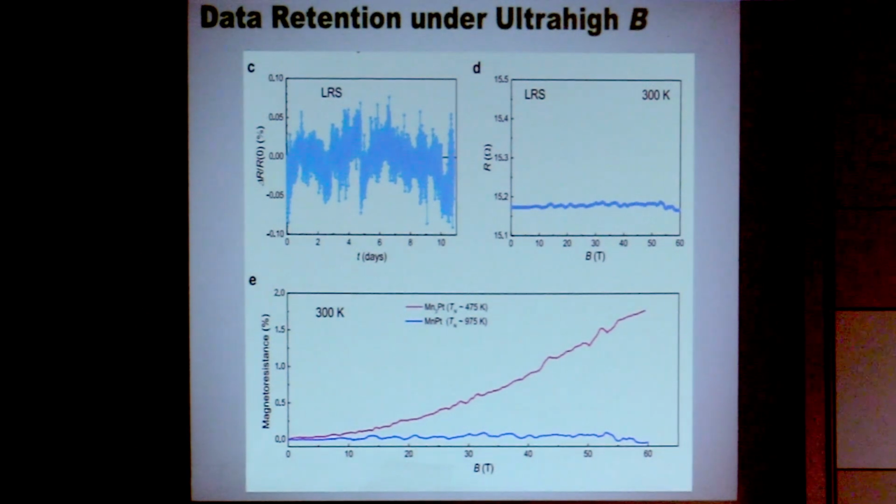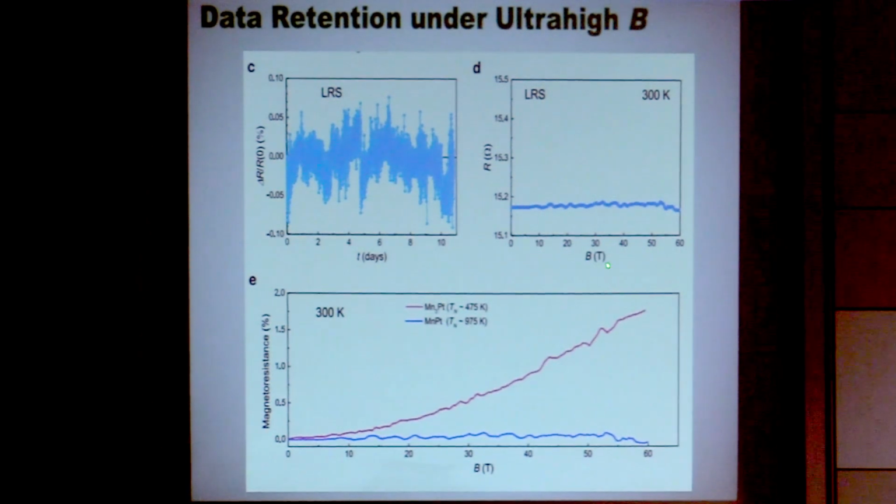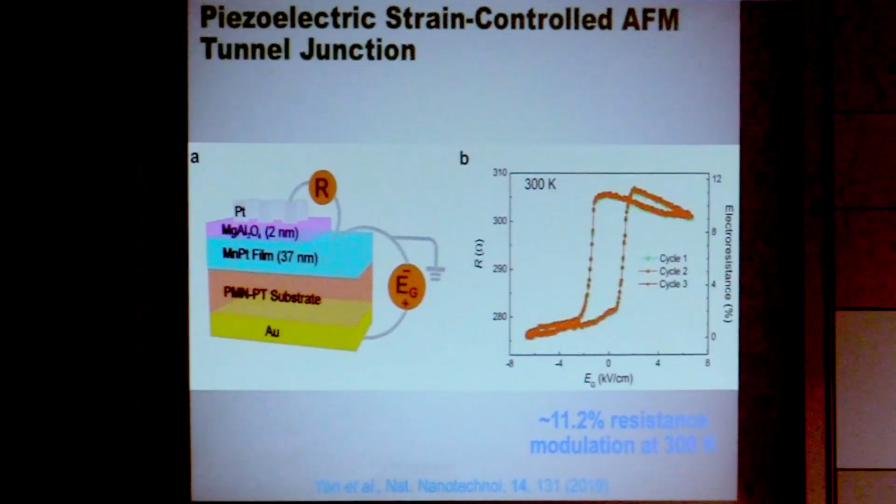That's almost the same order of magnitude as our electroresistance. So that tells us we need a high Néel temperature antiferromagnetic alloy to realize a very strong magnetic field insensitivity.